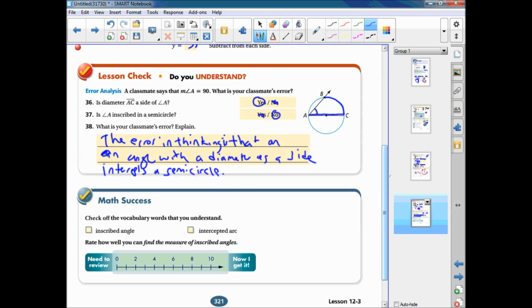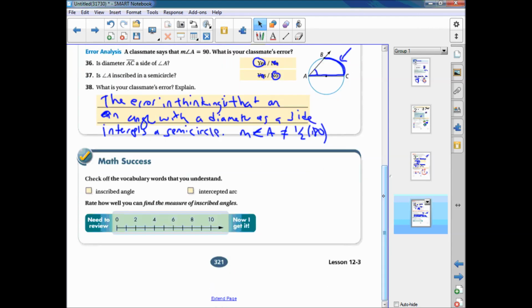Okay, so the measure of angle A is not going to be equal to 1/2 of 180, which they thought it was. Okay, it's going to be equal to 1/2 of whatever the measure of this arc is.